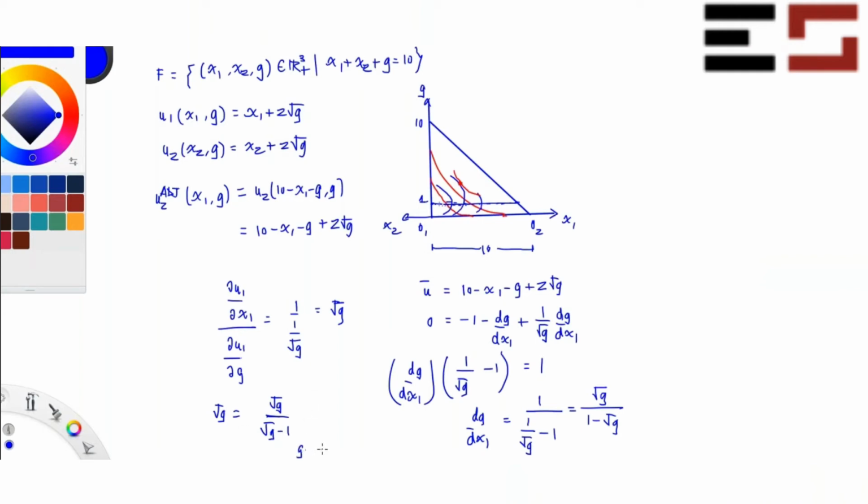Root g cancels, and we are going to get root g minus 1 equal to 1. So g equal to 4, right? So basically this gives you all the Pareto efficient allocations inside the triangle, which is going to lie on this line. Okay, so let's write this.